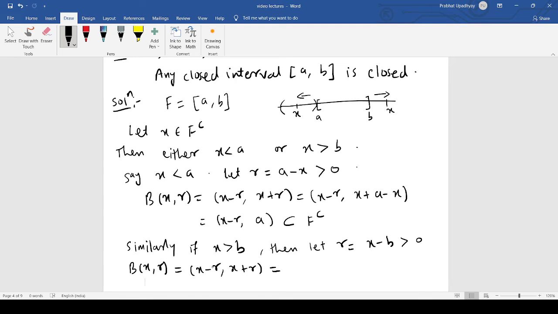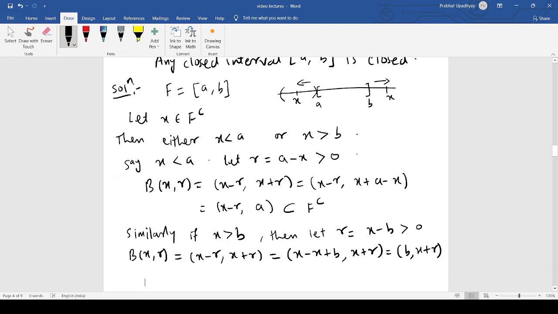I want to find out what is x minus r. So x minus r will be x minus x plus b, which is b, so the ball is the open interval (b, x plus r). That means this also does not intersect with my closed interval [a, b].